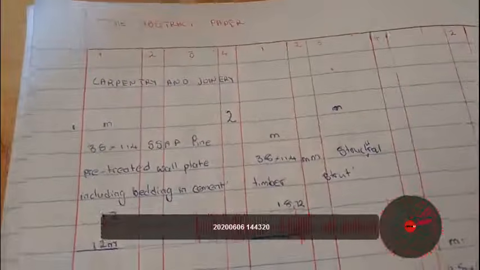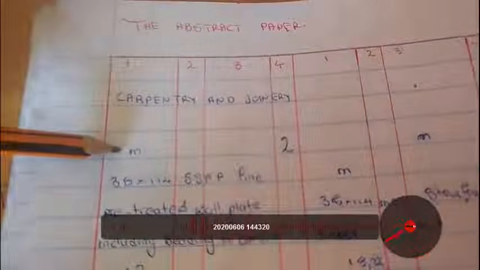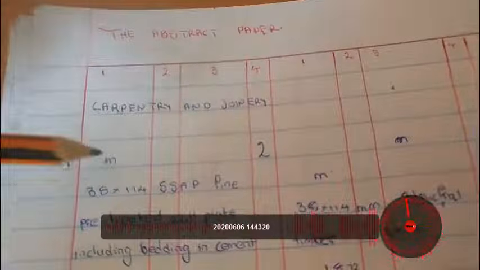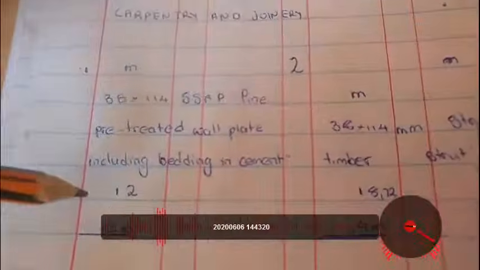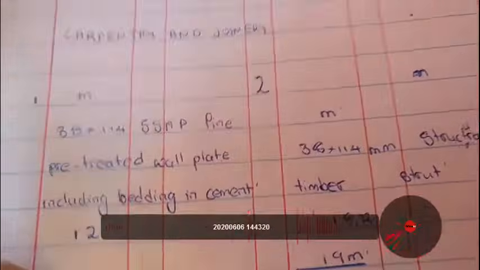And then after 4, it continues again, 1, 2, 3, 4. So what exactly comes in these columns? In column 1, this is where the unit of measurement comes in. It's also where your descriptions come in, even though they exceed to other columns. It's also where your squared answer with its unit of measurement comes in.